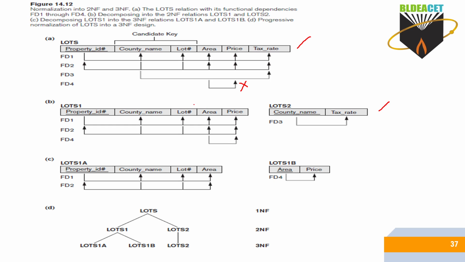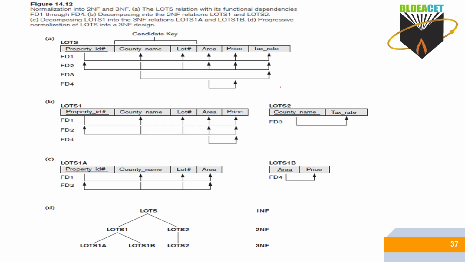You further decompose this into two new relations, 1A and 1B, because it is not in third normal form. The attribute which violates it you take as a primary key, along with the dependent attribute, and decompose it as a new relation. Now this one is in third normal form.